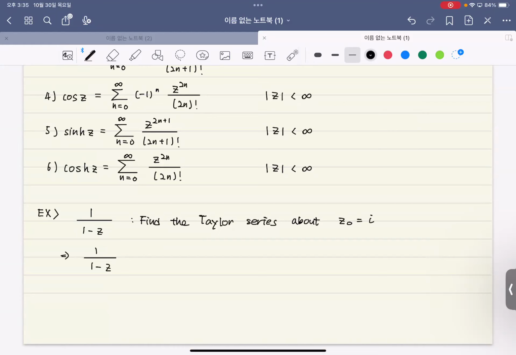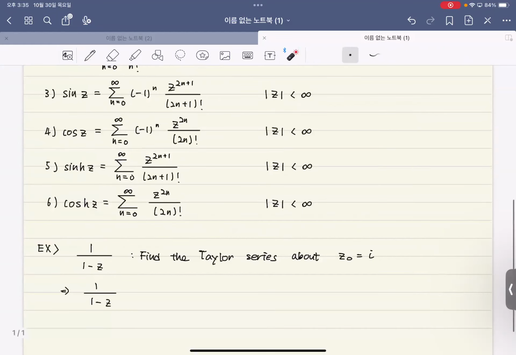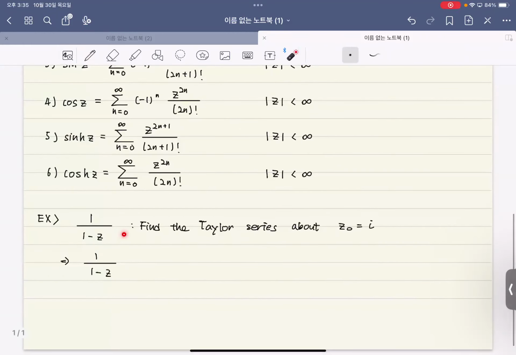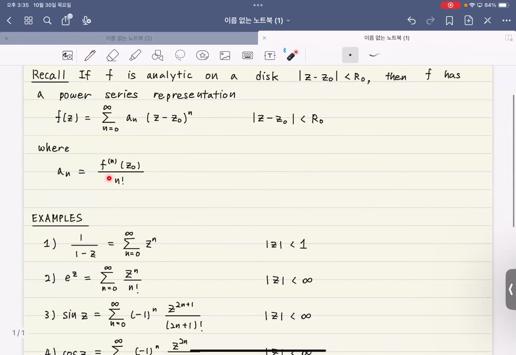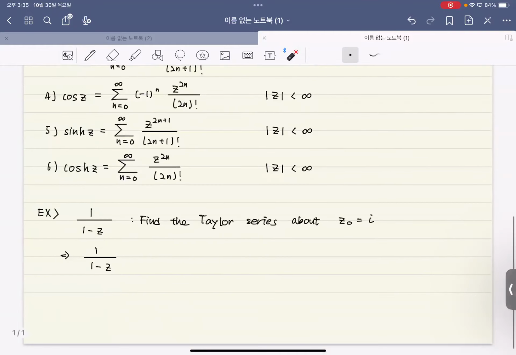In this case, for practical computation, for such an exercise, we never use this formula. So how do I find the Taylor series of this at this point? By manipulating the denominator a little bit. Since we are looking for the Taylor series whose center is i, I need something to do with i in the denominator.